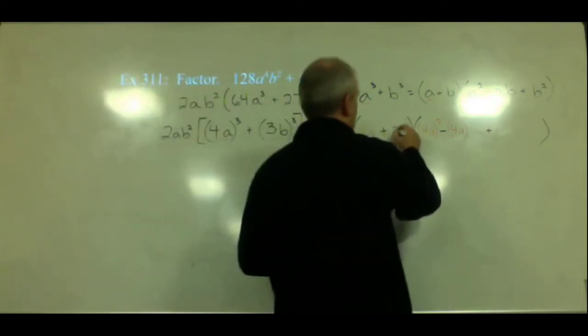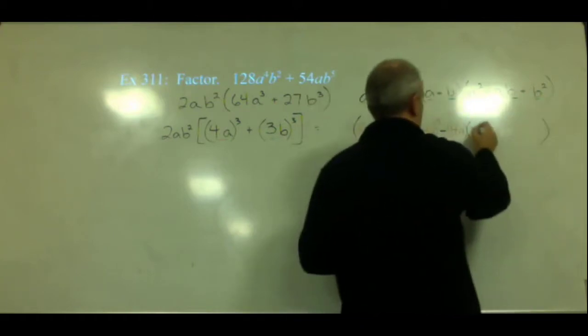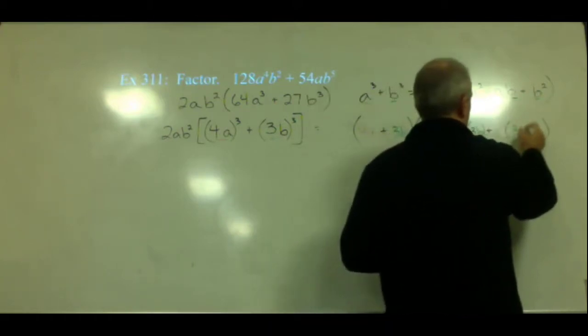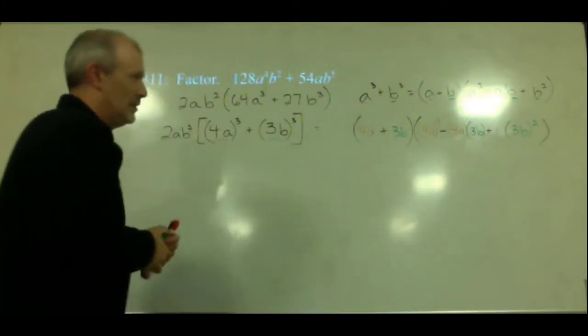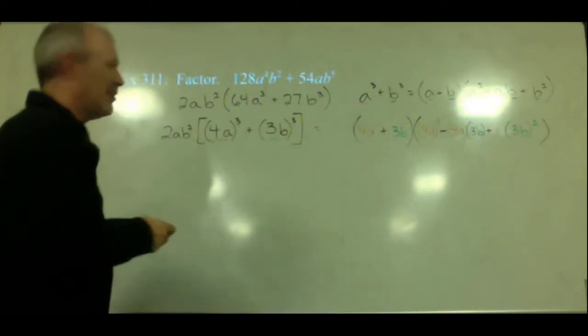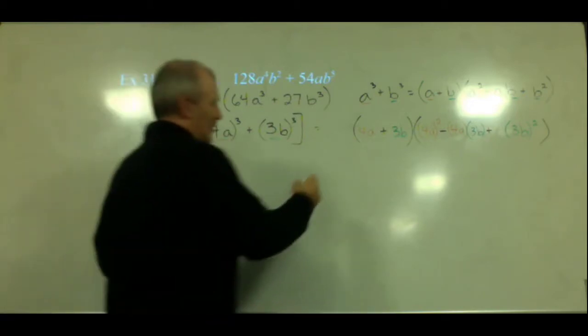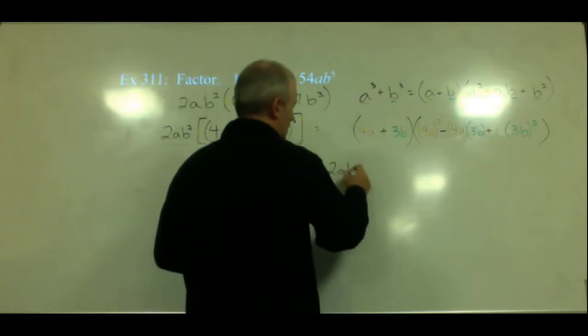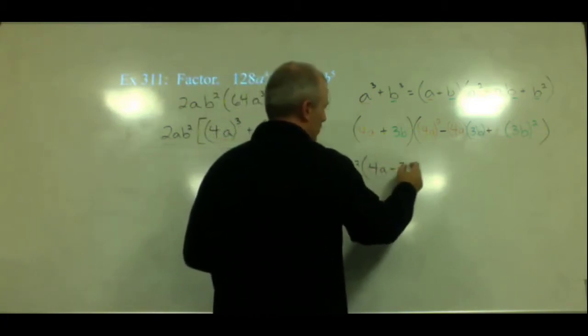Yeah, 3b goes here, goes here, and gets squared. Okay, now the one thing we do have to be careful of is we factored out this part, right? So I'm going to put my answer here, but I've got to put the 2ab squared. Remember this part we don't have to do anything with, just 4a plus 3b.